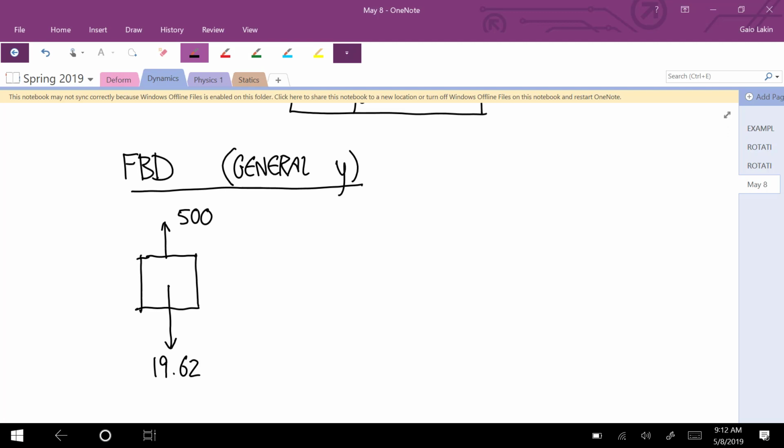If this y is a positive number, this mass is up, right? And if the mass is up, the change in length of that spring from its resting length is negative, okay?